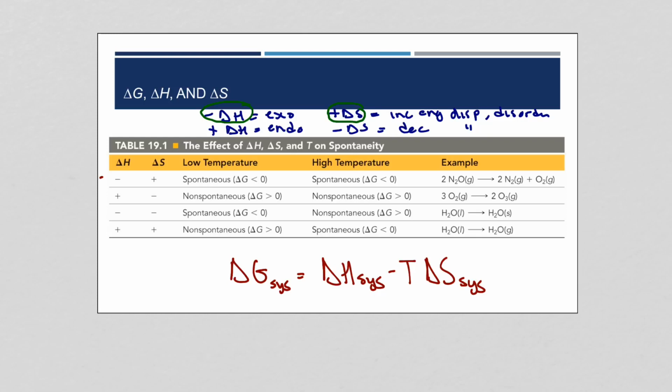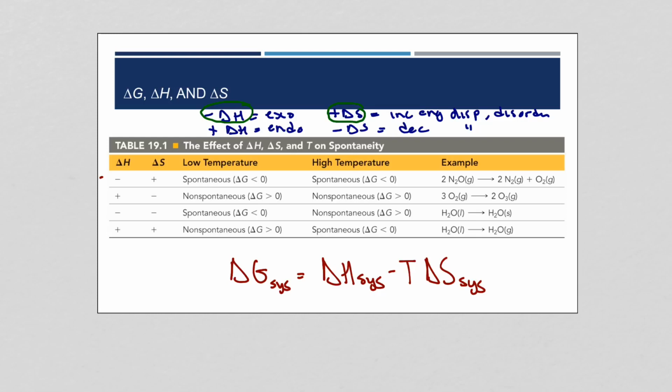Because we're not only seeing absorption of energy, concentration of energy, we're lowering the energy dispersal. So that type of reaction will never be spontaneous, and no matter what temperature value we plug in, the delta G value will always be positive. So those two are sort of the extreme cases: either always spontaneous because both favor spontaneity, or never spontaneous because neither of them favor spontaneity.